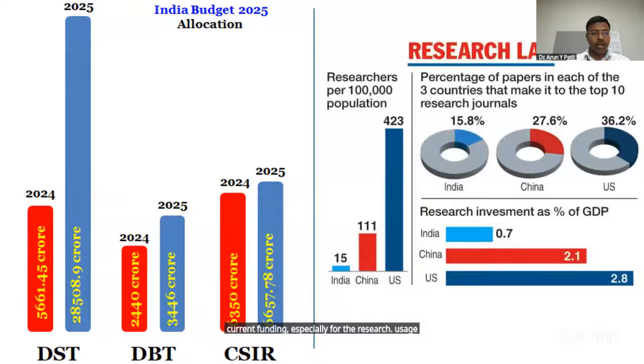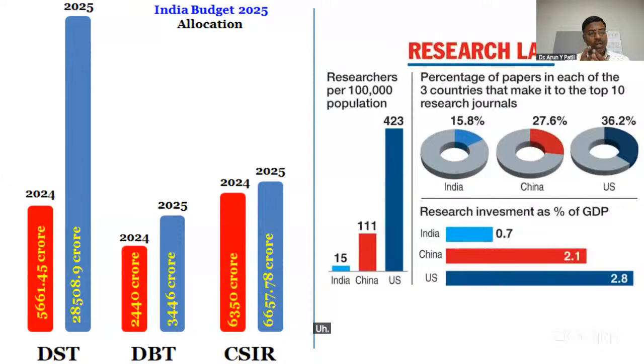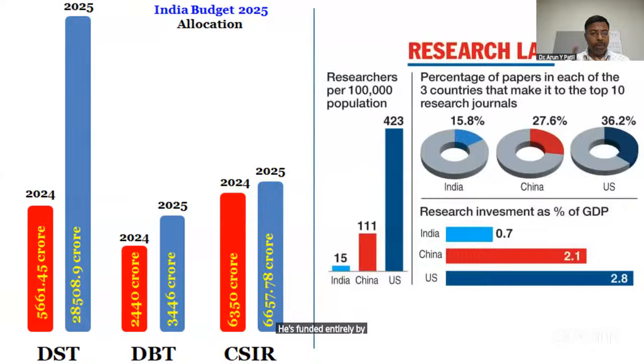You have seen ANRF, Anusandhan National Research Foundation, which I think covers nearly 50,000 crores, out of which 14,000 crores is given by the central government, whereas 36,000 crores is funded entirely by the PPP model.